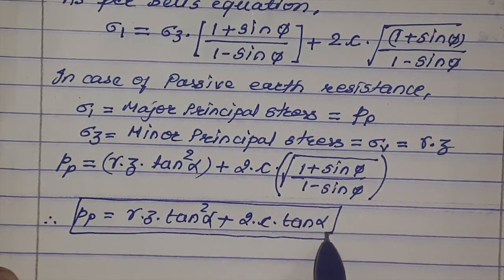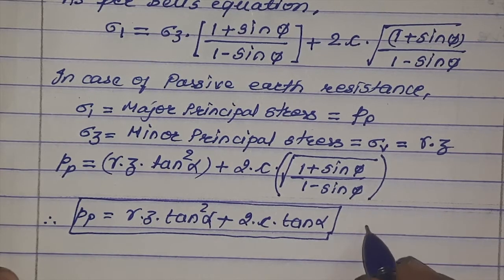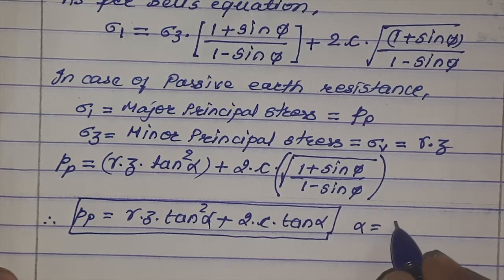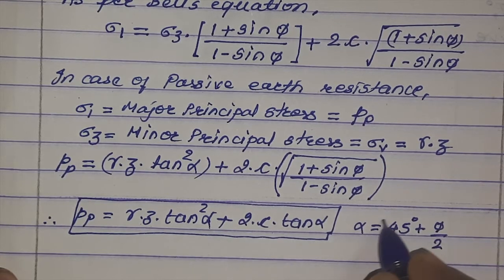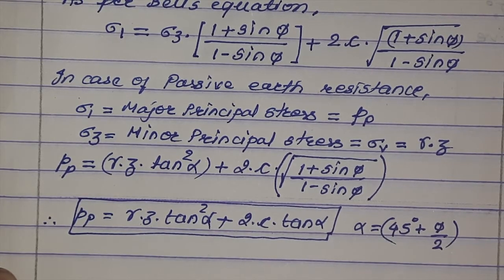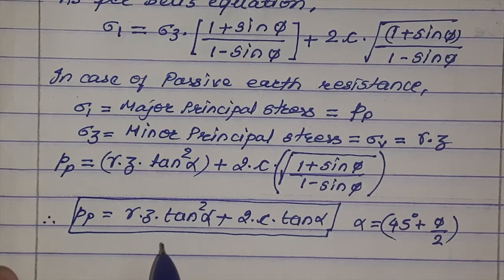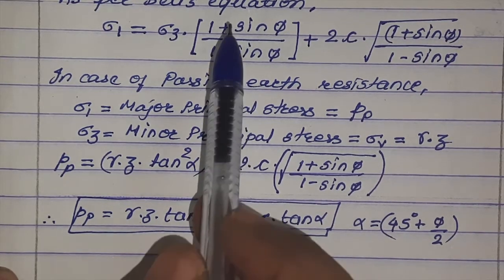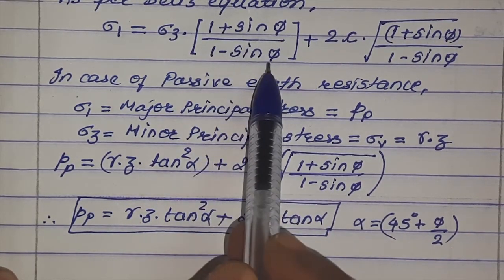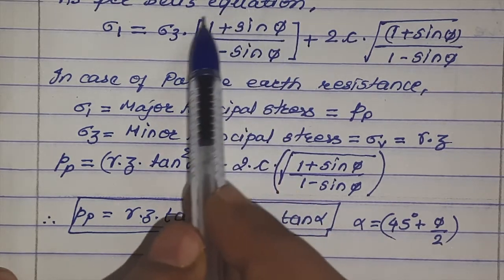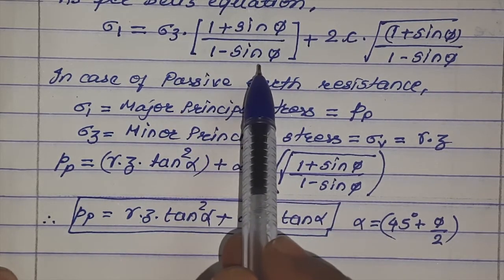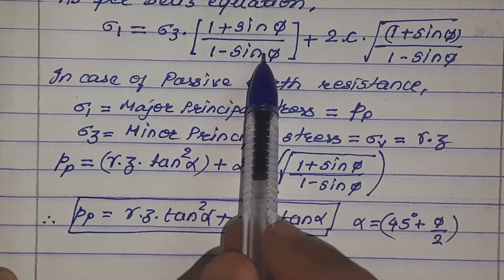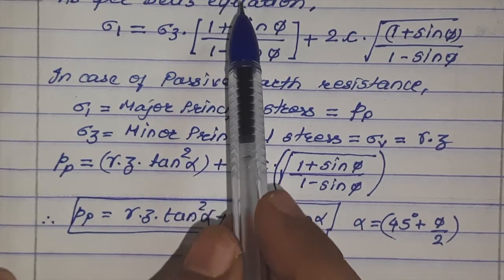In this equation, what is alpha? Alpha is equal to 45 degree plus phi divided by 2. Also, if we observe this 1 plus sin phi upon 1 minus sin phi expression, this is nothing but the coefficient of earth pressure in case of passive resistance.